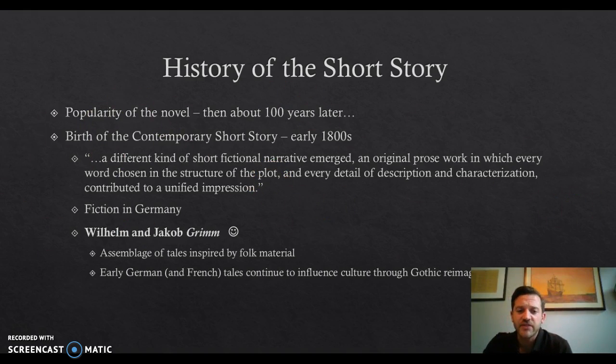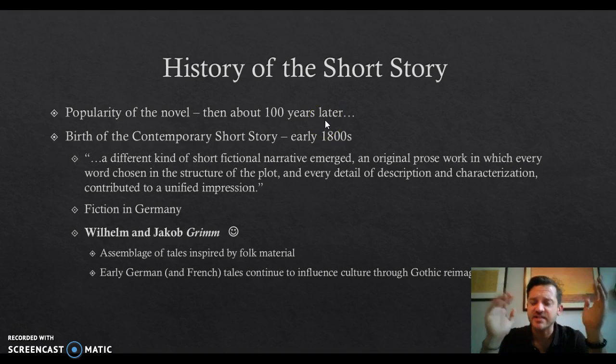A different kind of short fictional narrative emerged, an original prose work in which every word chosen in the structure of the plot and every detail of description and characterization contributed to a unified impression. This goes back to that whole unity of effect, that idea that a short story is just like a photograph, not a movie.